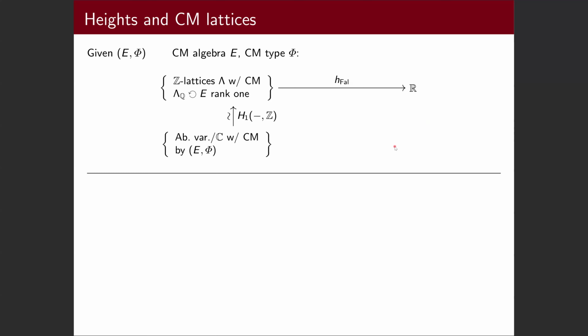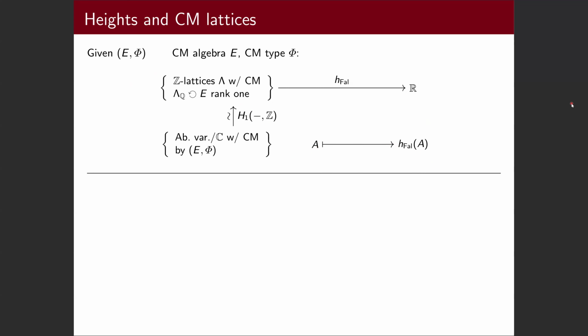Given this, there's this Faltings height that I mentioned at the beginning of the talks. I defined this for CM elliptic curves, and there's some way to generalize this to higher dimensional abelian varieties. In any case, the conclusion is that this Faltings height gives some arithmetically interesting function on this purely linear algebraic category of Z-lattices with complex multiplication.